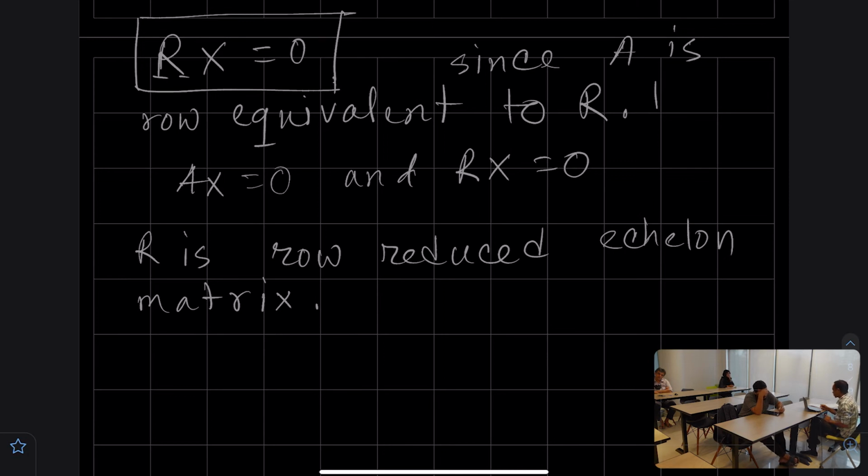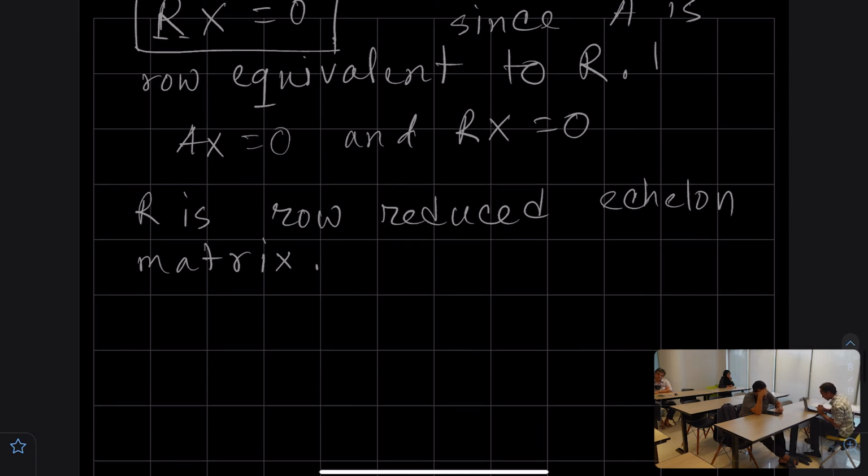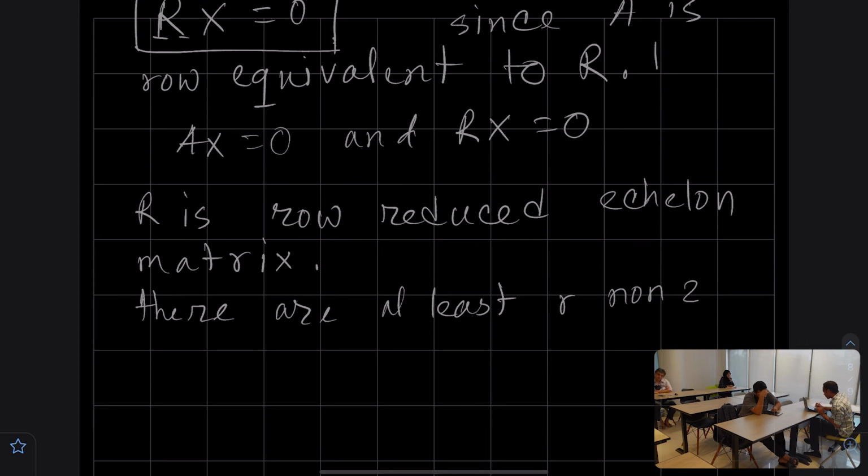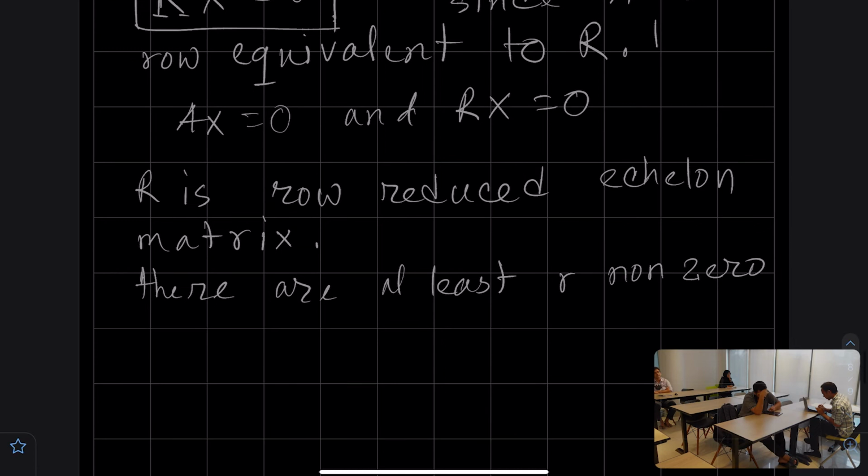Okay, so that means there are r non-zero rows in this matrix R, right? What is smaller?